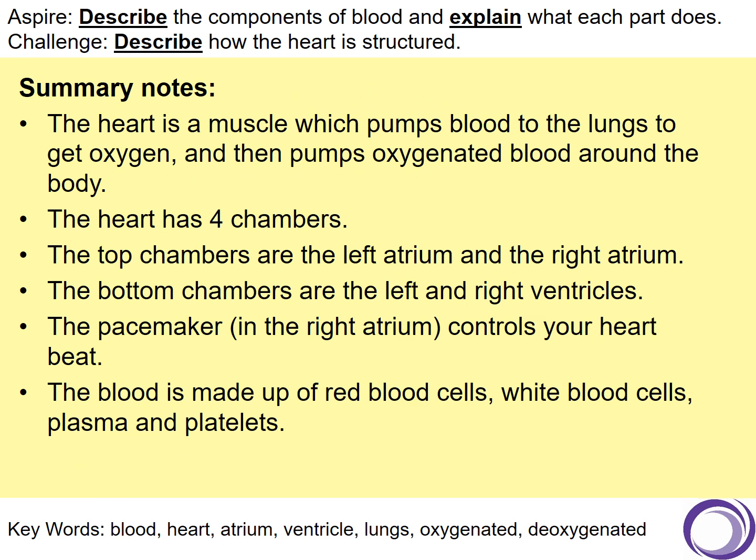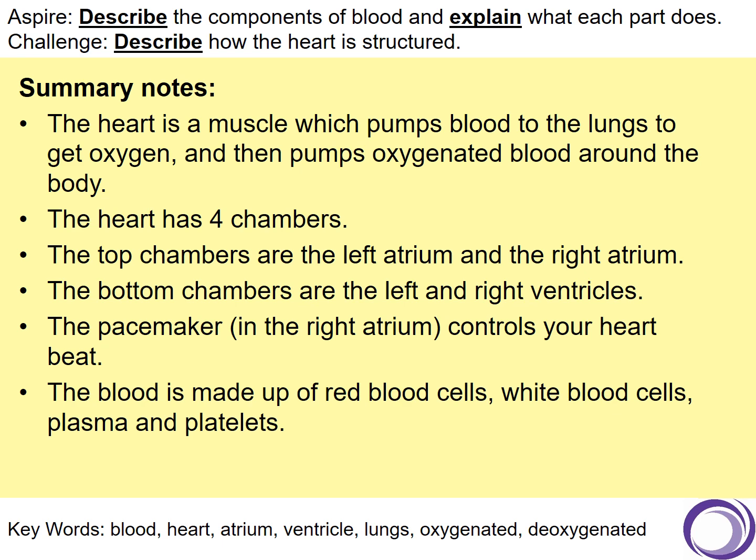So this is now a summary of today's lesson. In a minute, I'm going to ask you to get a pen and some paper, and I'm going to ask you to make some notes on today's lesson. So today you have learnt that the heart is a muscle which pumps blood to the lungs to get oxygen and then pumps that oxygenated blood around the body.